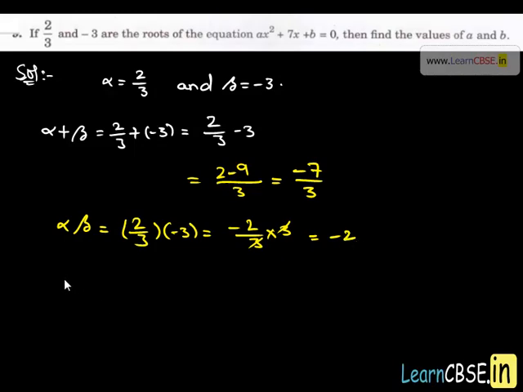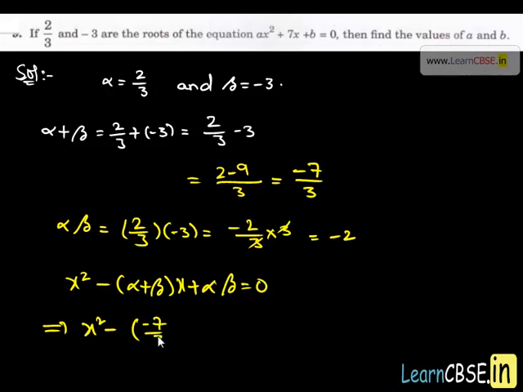We already framed an equation whose roots are alpha and beta, which is x square minus the sum of the roots, alpha plus beta, times x plus the product of the roots. By substituting these values, we get the equation x square minus the sum of the roots, which is -7 upon 3, times x plus the product of the roots, which is -2, equal to 0.